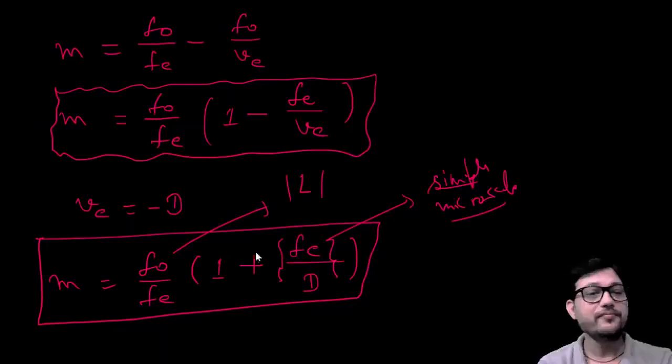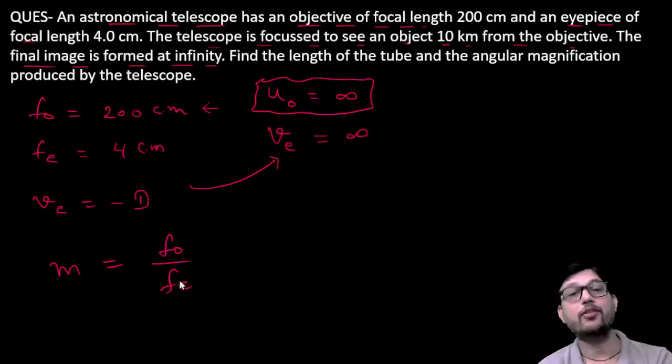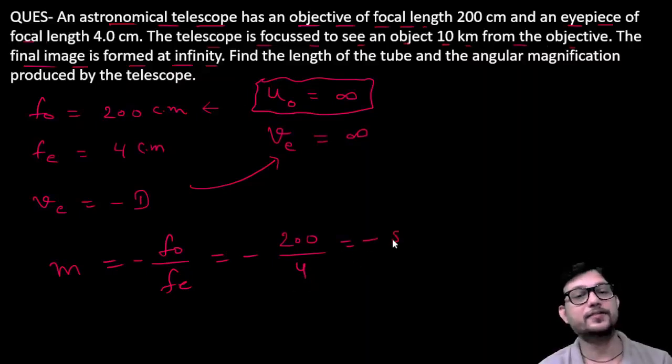And the final expression becomes FO upon FE, or with sign convention, minus FO upon FE. Now place the value of FO, that is 200, and the value of FE, that is 4, so it will be minus 50.